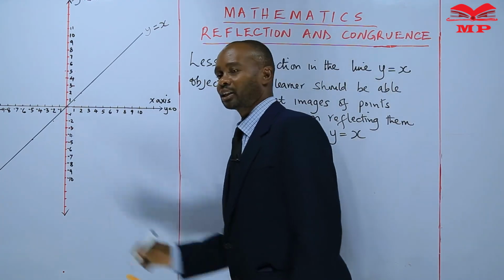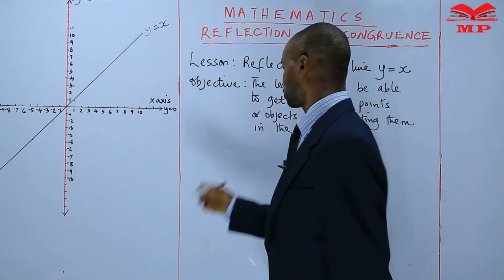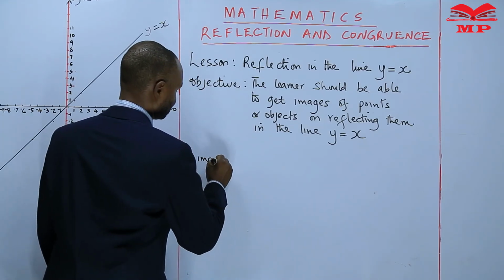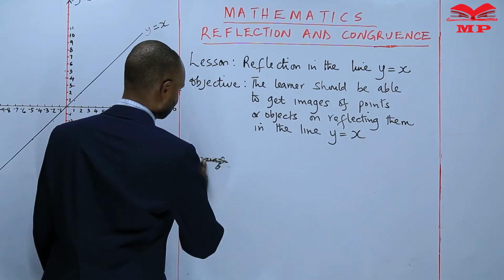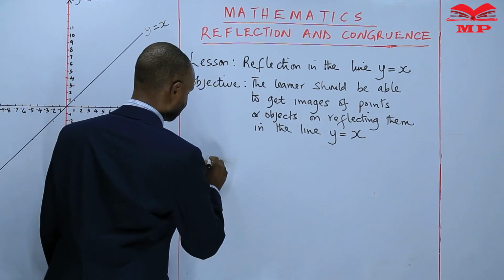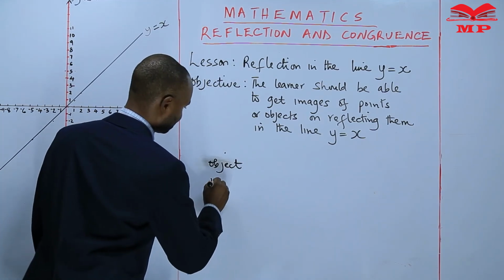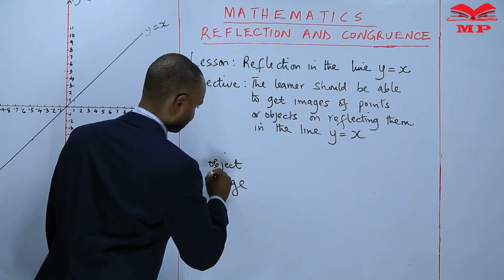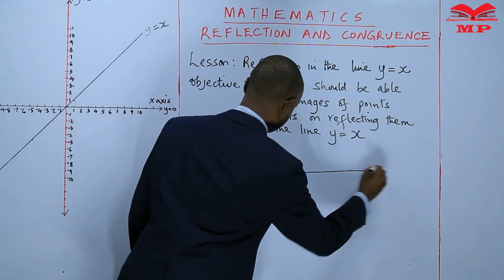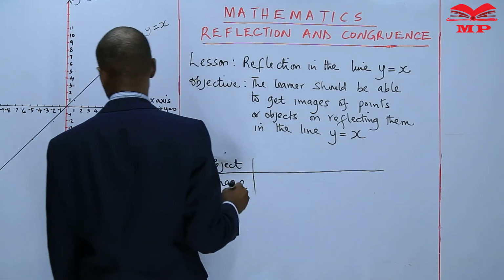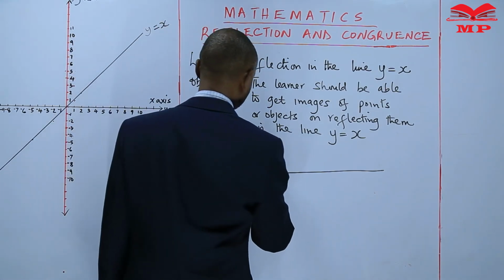To get that, we shall reflect some points. We start with the object, and then we have the image. Our first point, which is acting as the object, we can have A, 4, 2.